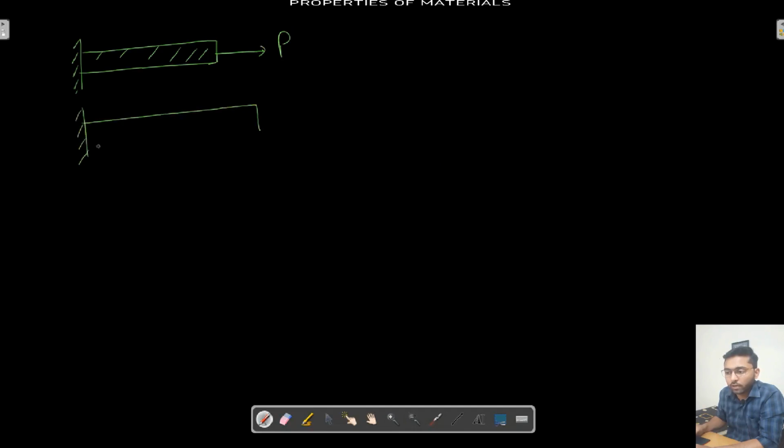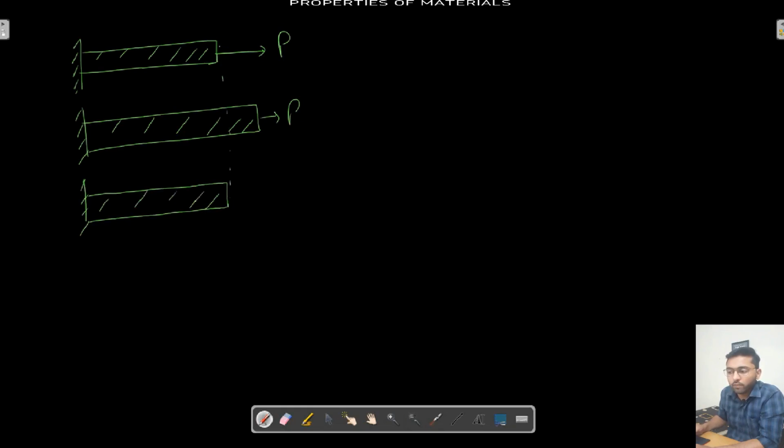It will elongate just because of the strain. And if we remove this force P, what happens is the steel bar will try to regain its original position, right? It will go from this position to this position. Suppose the time taken for this is T1.